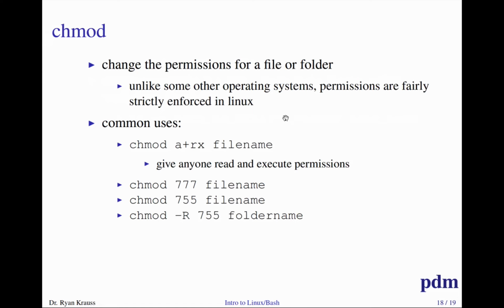Permissions in a Linux file system are actually a pretty serious thing, as opposed to some operating systems. Although on the Raspberry Pi, you can just type sudo, S-U-D-O, super user do, and kind of do anything.